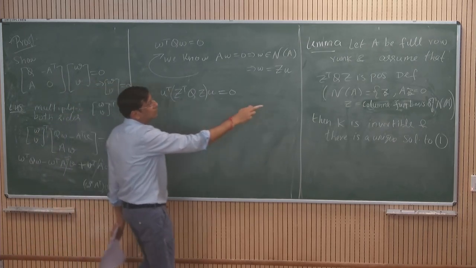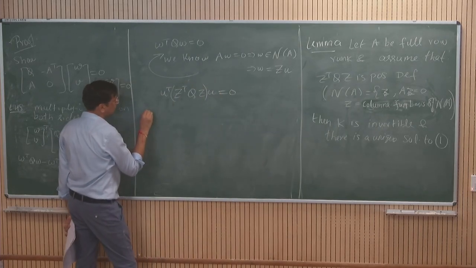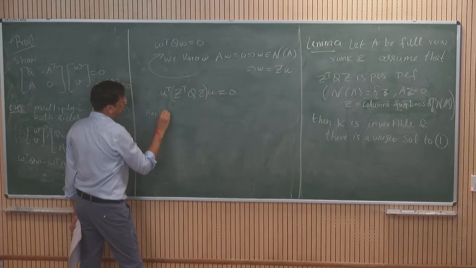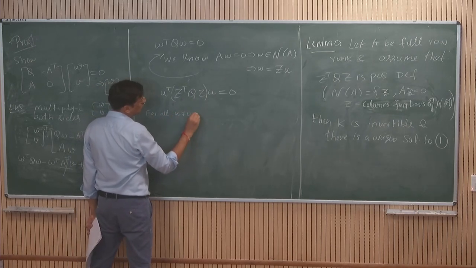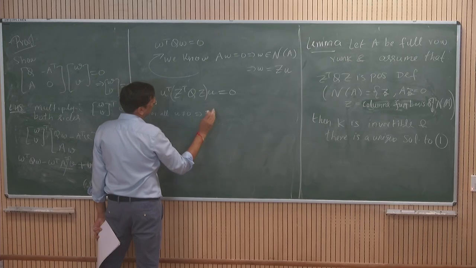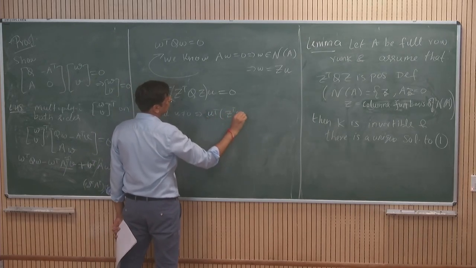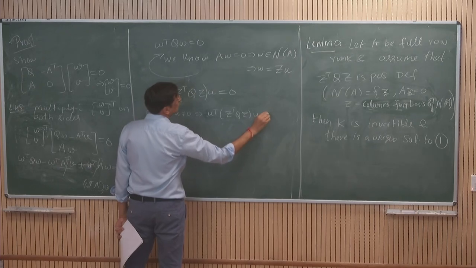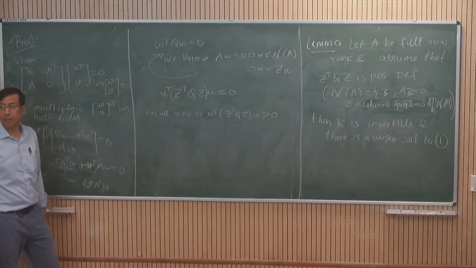What's the definition of positive definite? For all U not equal to 0, we have got U transpose Z transpose Q Z U is greater than 0. Correct? This is the definition.